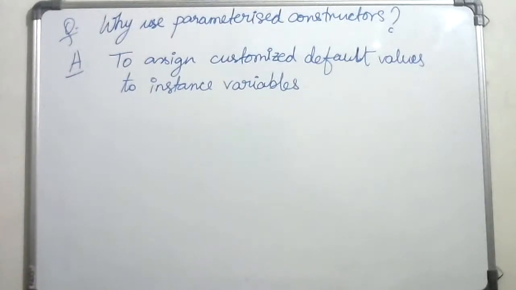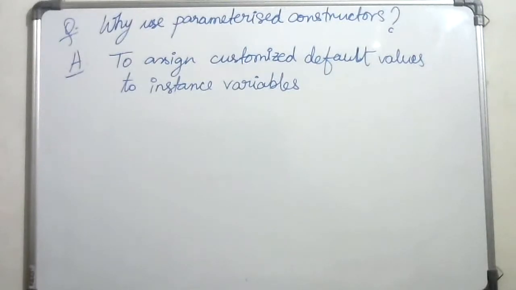Those default values are set in the game code using parameterized constructors. Once you create a profile of the character that you want to play with, that character will have certain default values. Even for the character itself, how the character looks, the appearance of the character.